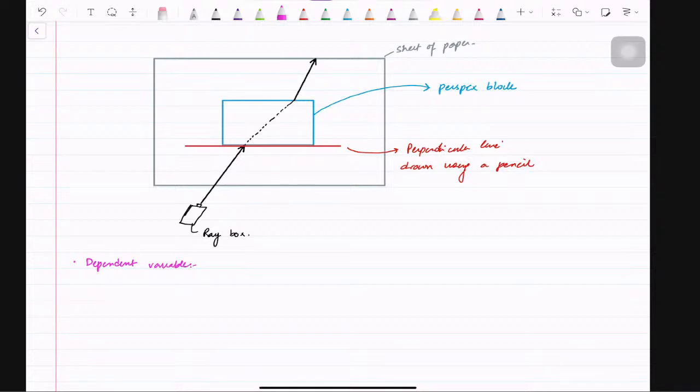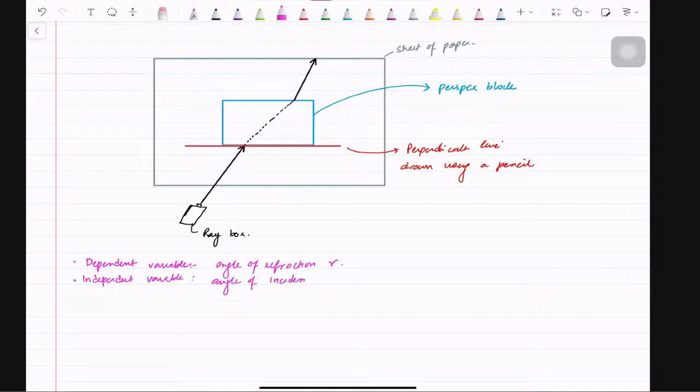That would obviously be the angle of refraction. And then we have the independent variable that we can control, which is the angle of incidence.